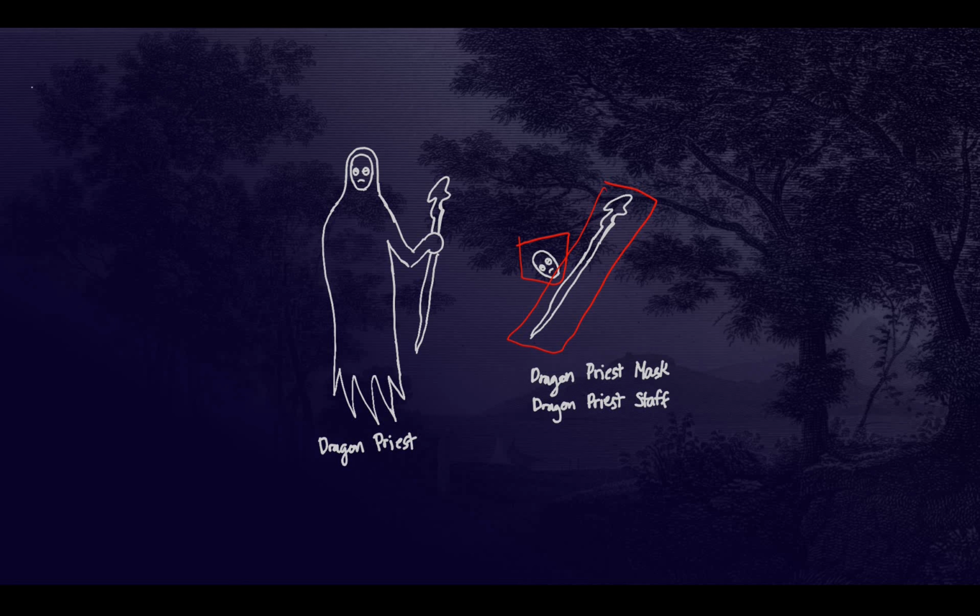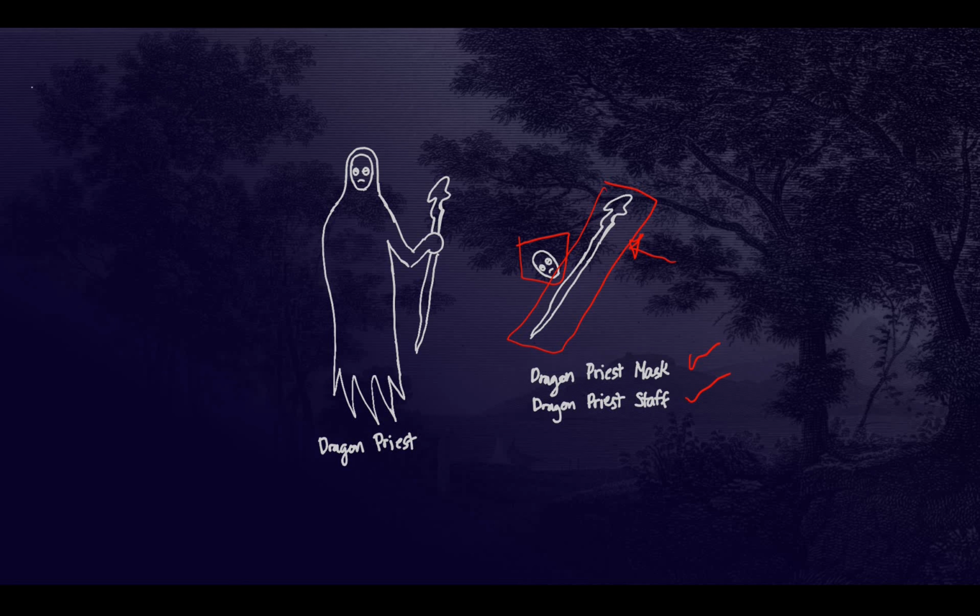Dragon priest interacts with these dependencies to calculate its attack damage and its defenses, for example. So when it attacks, since it depends on the exact type of dragon priest staff, then its damage is calculated based on or dependent on this class dragon priest staff. When this enemy is attacked, it will be dependent on the dragon priest mask to calculate its defenses, because the dragon priest mask serves as one of the pieces of armor for the dragon priest.